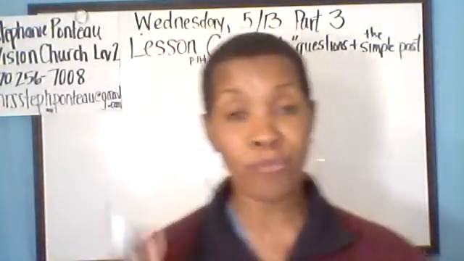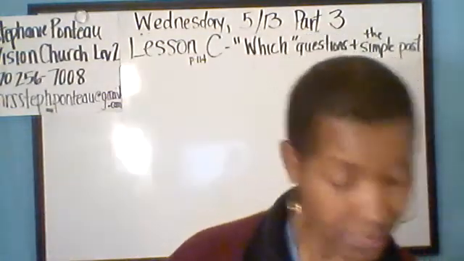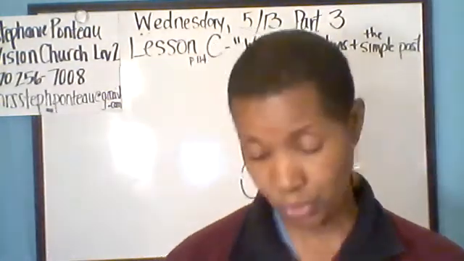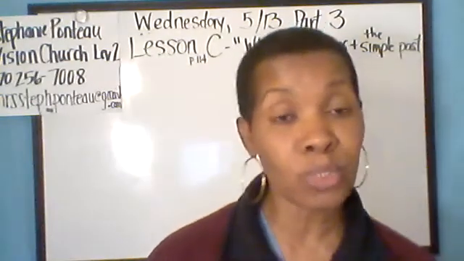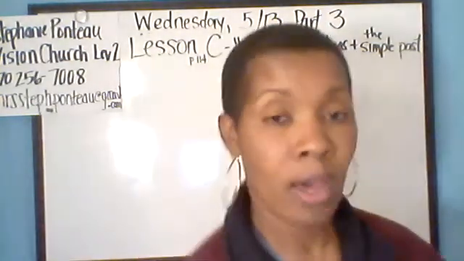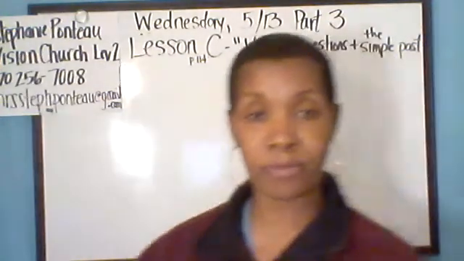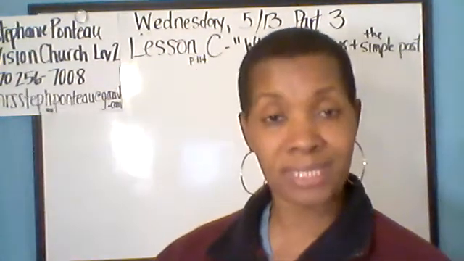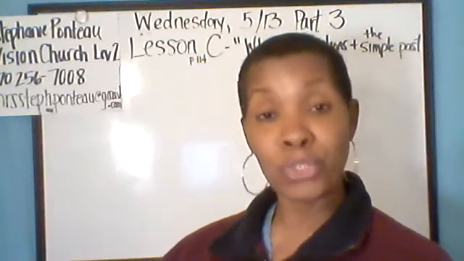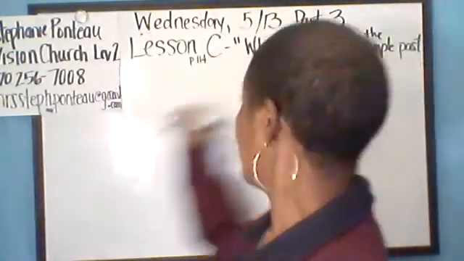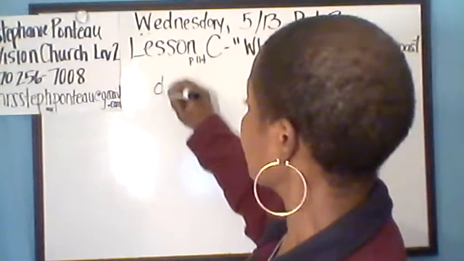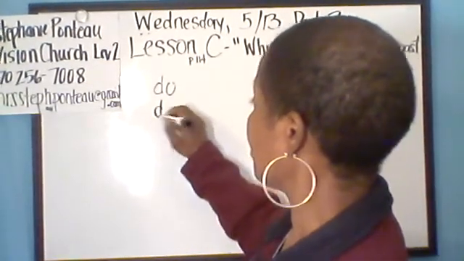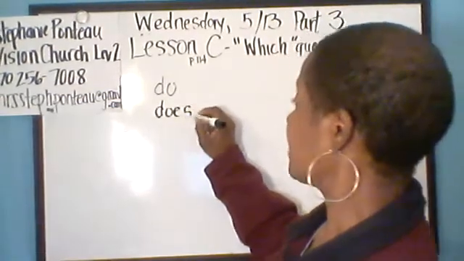Okay, and so before we do the exercise, exercise 2 on page 114, I just wanted to remind you of a couple of grammar rules. Now, when you're asking questions in the simple present, you want to use the helping verb do and does. This is going to help you when we get started with this exercise.